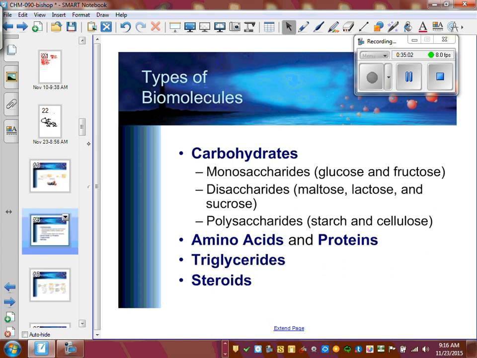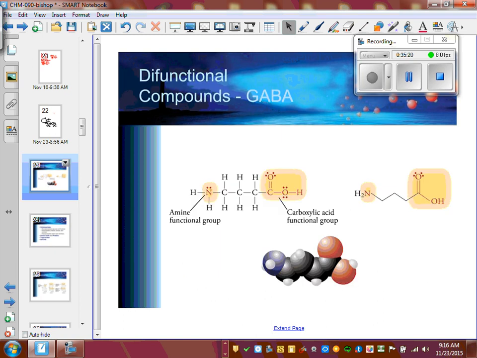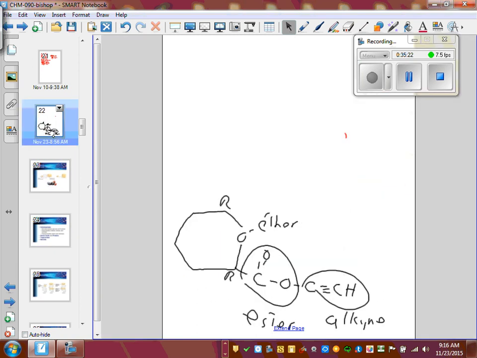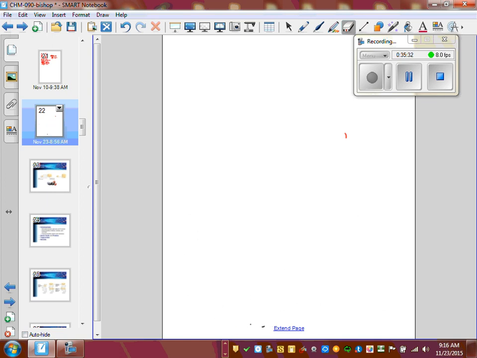Basically that was it for organic. Let's go back to what I should have done. One thing they didn't give you, but I will give you: prefixes for attached groups. CH4 is methane.